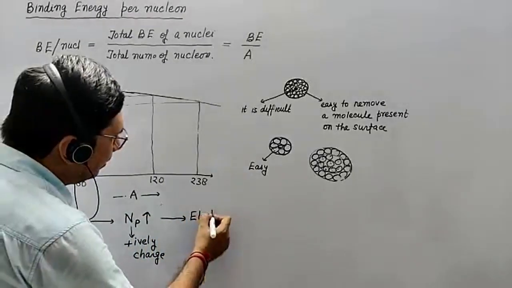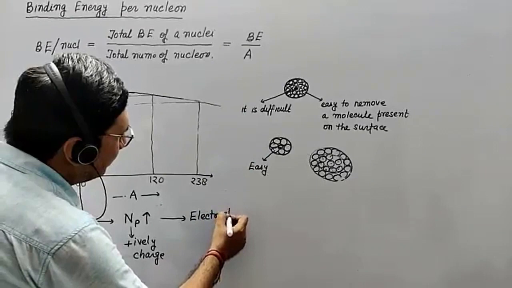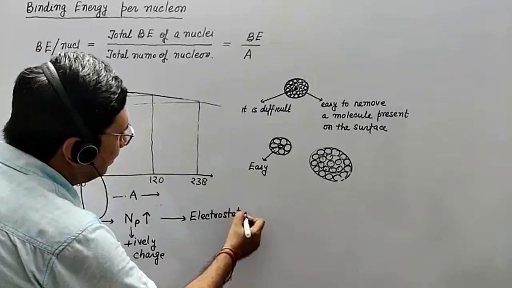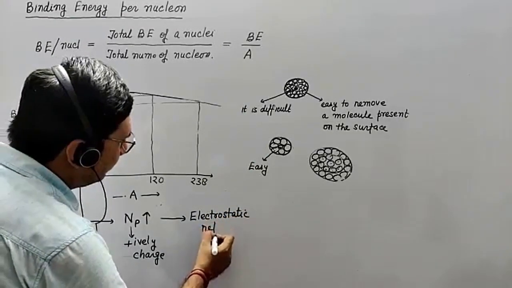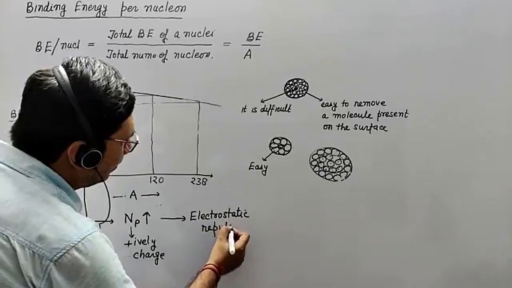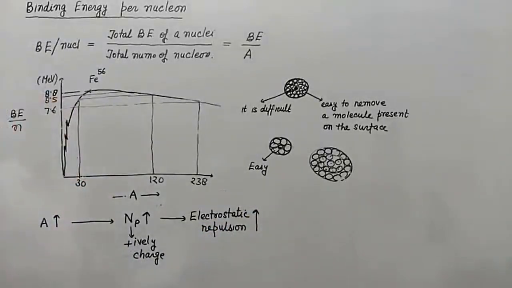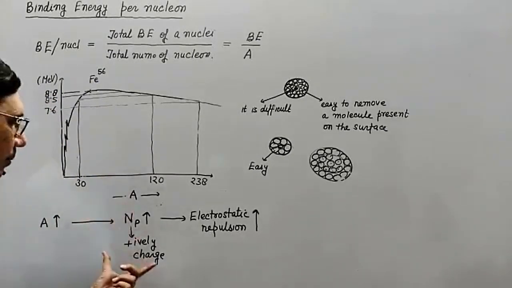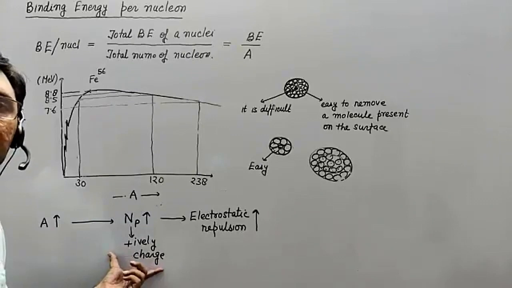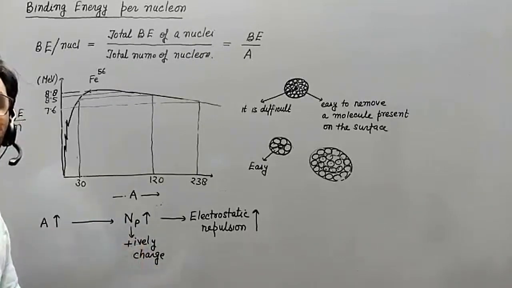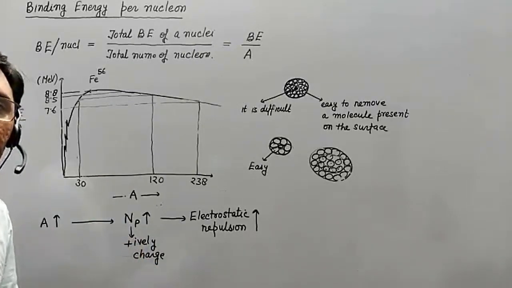electrostatic repulsion will also increase. So as the A number is increasing, the number of protons is increasing. Protons are positively charged particles, so in between proton and proton, the repulsive force will increase.